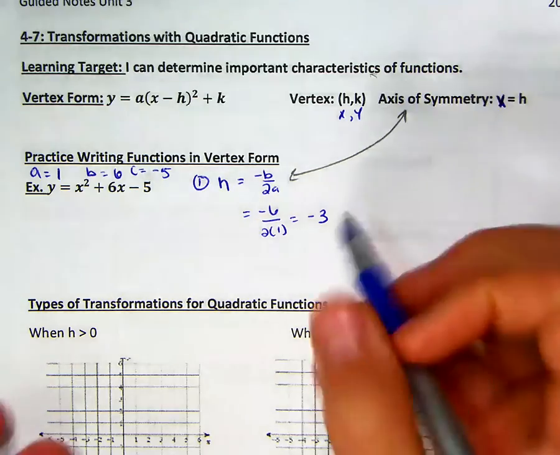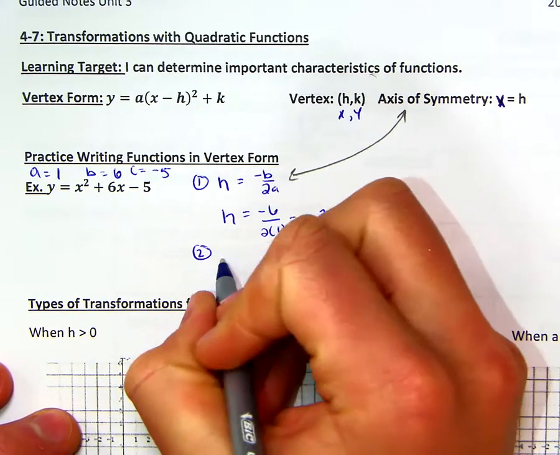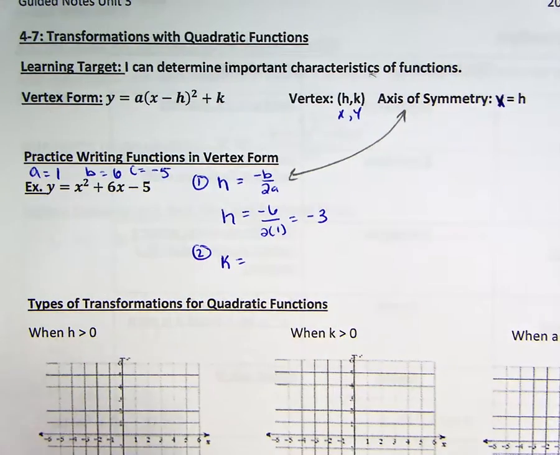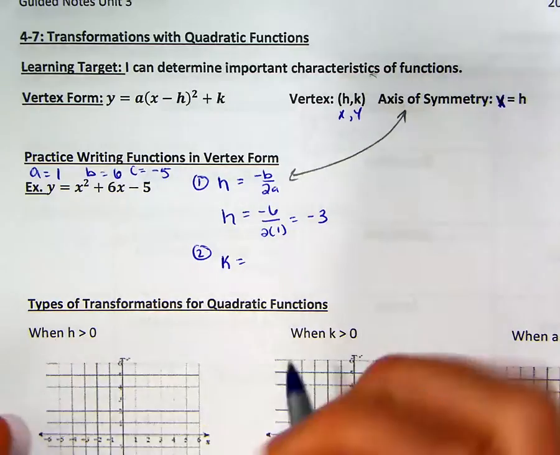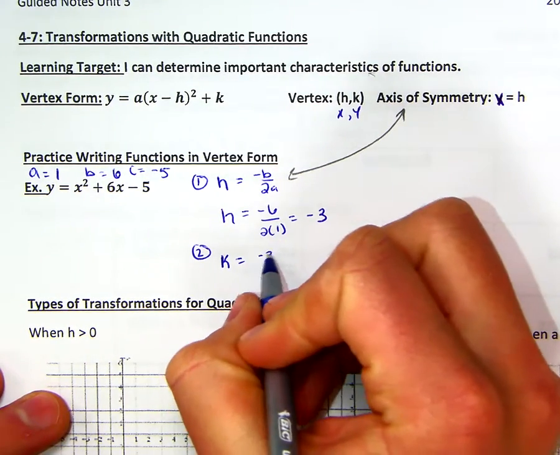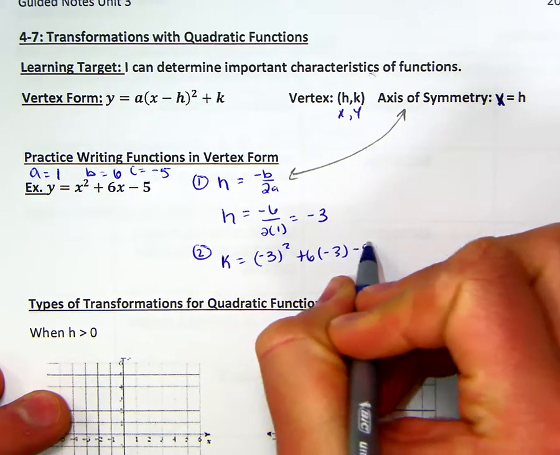Perfect. And then our vertex, our y, our k value, we're just plugging -3 back in for x right here. So we have -3 squared plus 6 times -3 minus 5.